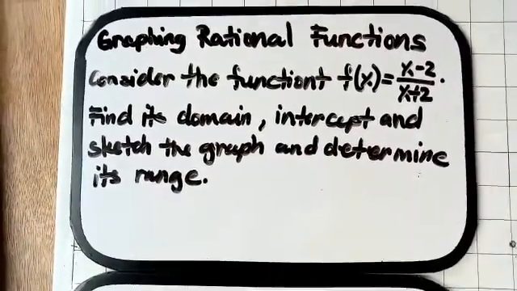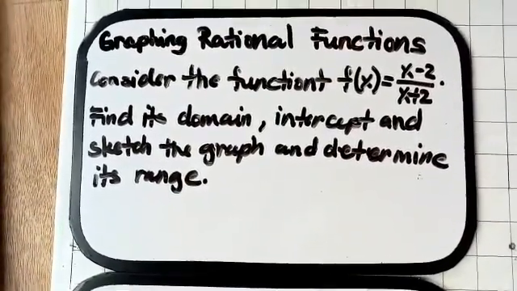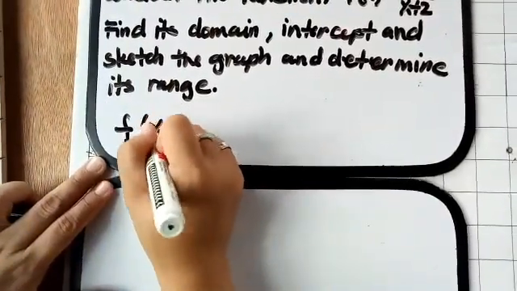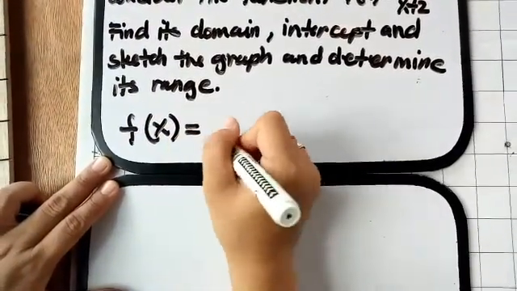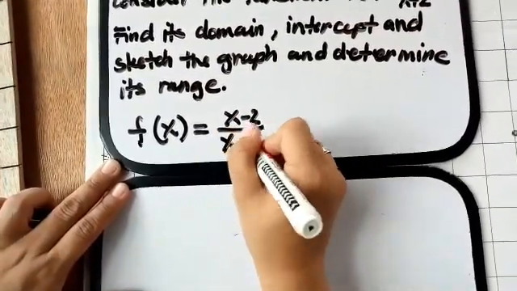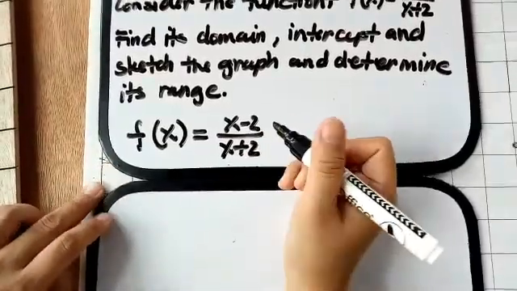So first thing to do is again construct a table of values. The given function is f of x equals x minus 2 all over x plus 2, so it is a rational function.